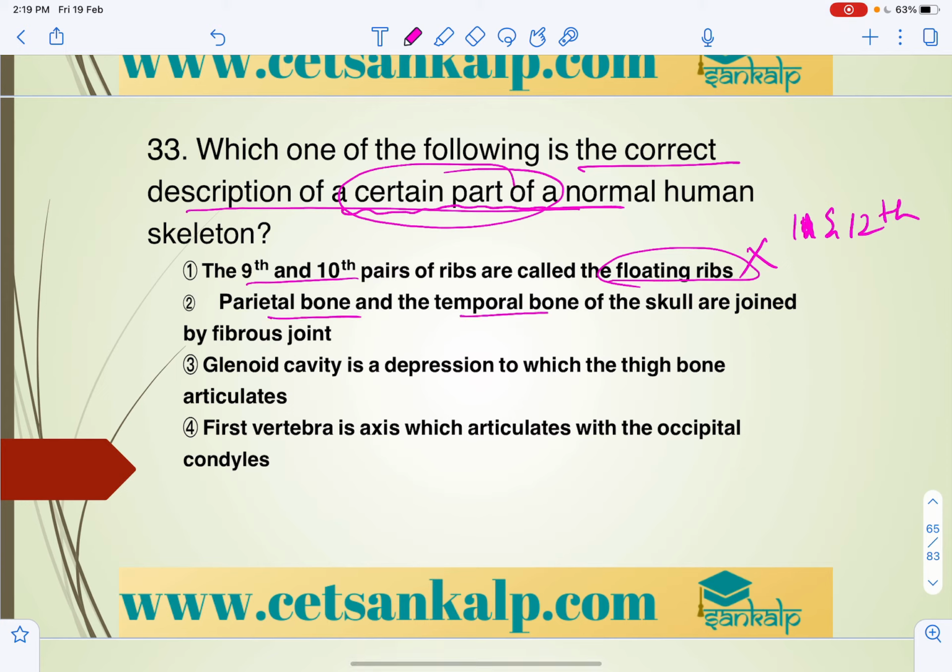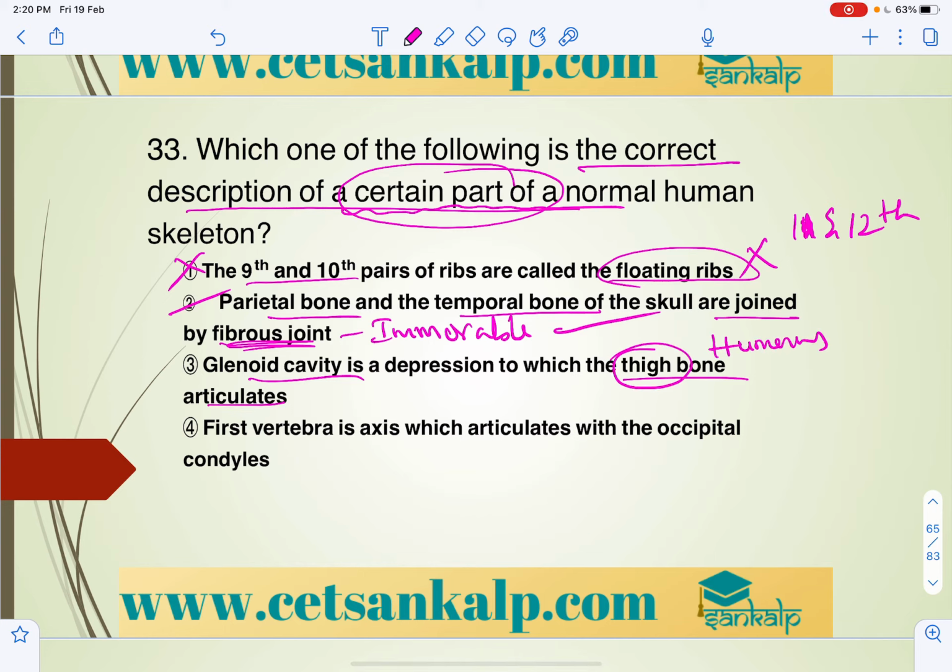Parietal bone and temporal bone of the skull are joined by a fibrous joint, that is an immovable joint. That is correct, and the previous one is wrong. Glenoid cavity is a depression which the thigh bone, no, the humerus bone, the upper arm bone, articulates with. That is also wrong.